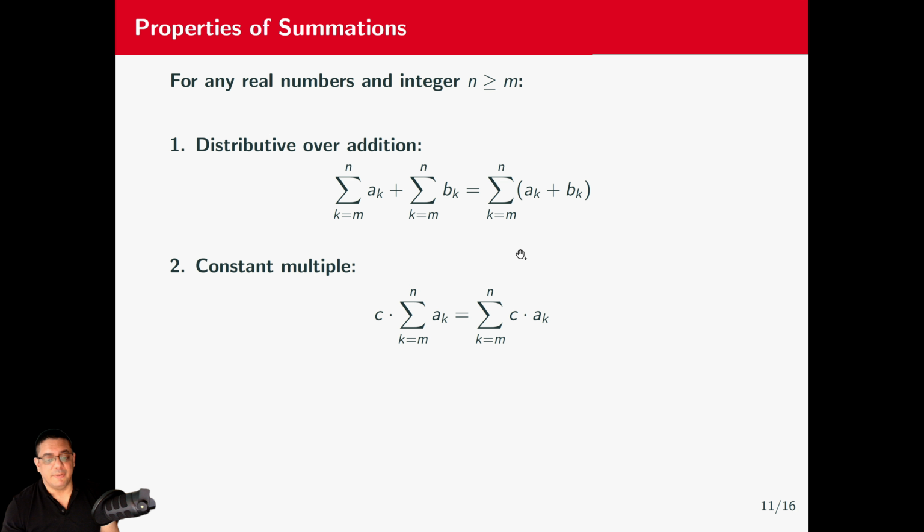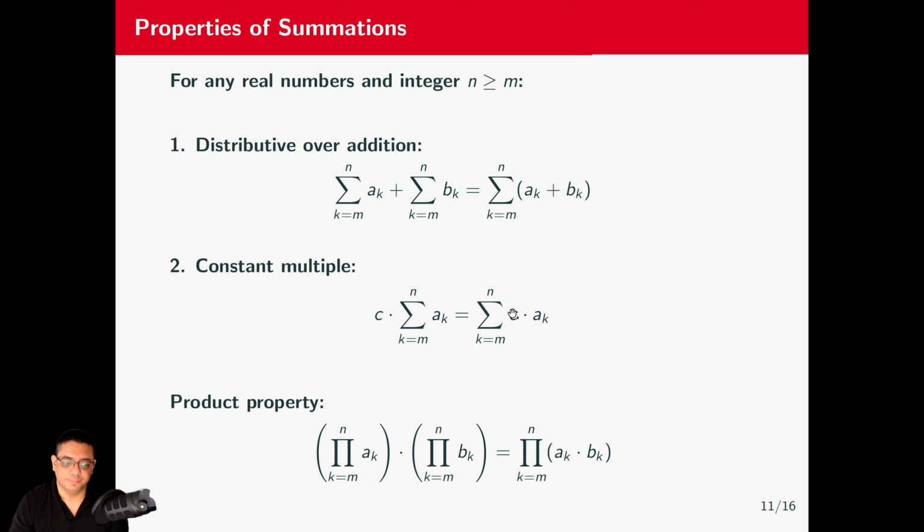Also, if you have a sum, then you can just do the multiplication of the constant over each of the terms of the sum. So pretty much if you're adding n numbers, you're going to distribute this constant over the n numbers.